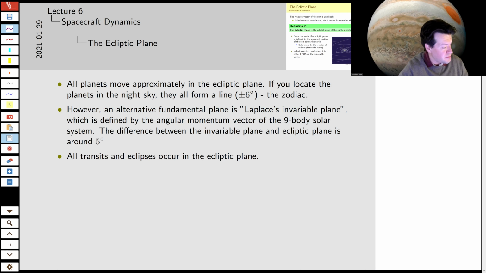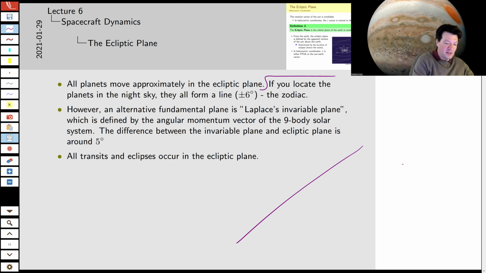Yes, so I should mention, of course, when I said that all of the planets move approximately in the ecliptic plane, it's approximately true, but it's not absolutely true. So for example, if you remember, there's the ecliptic plane. You view it in the night sky. Here's the night sky.